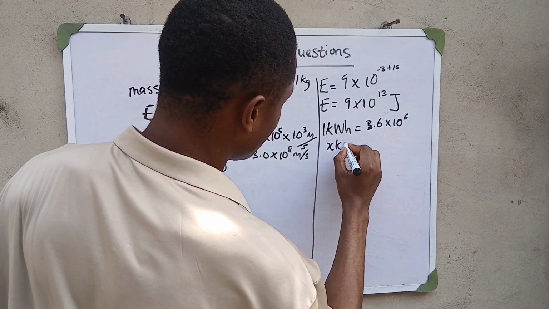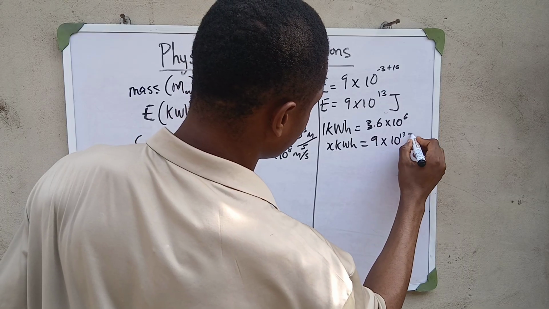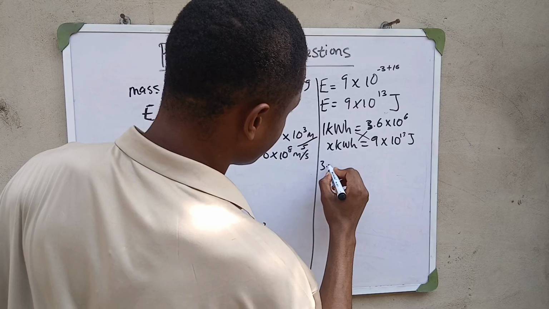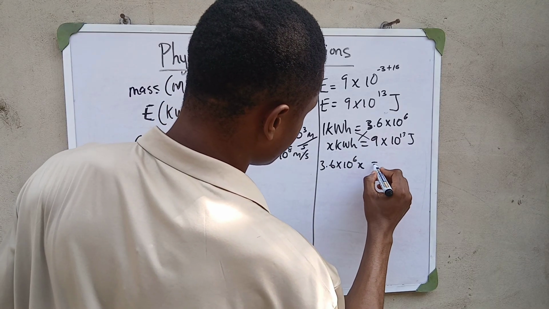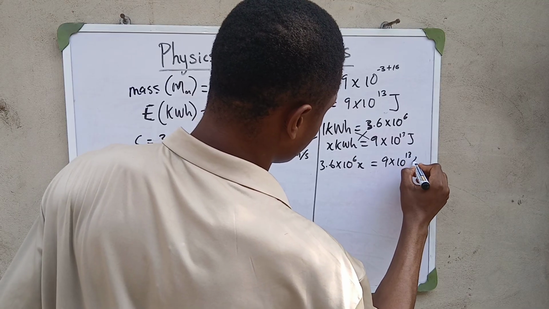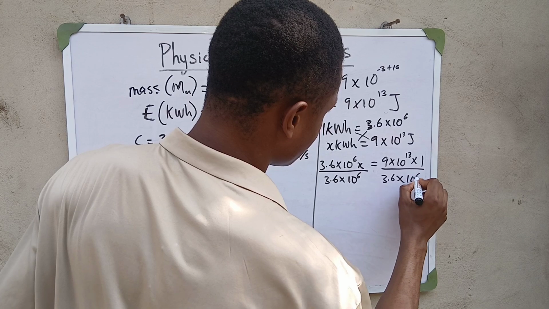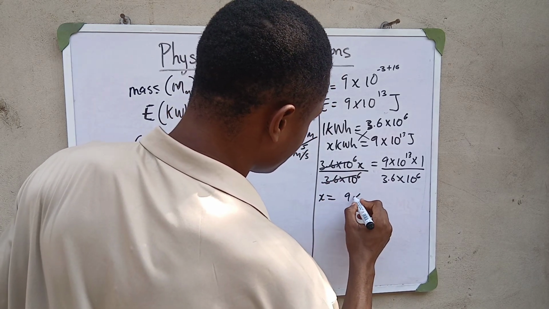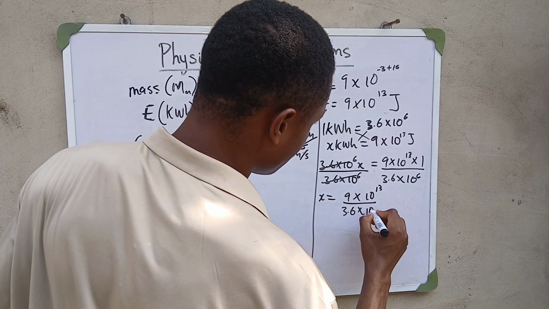Then x kilowatt hour is 9 times 10 raised to the power 13 joules. So we now cross multiply. So we have 3.6 times 10 raised to the power 6 times x is equal to 9 times 10 raised to the power 13 times 1. By dividing through by 3.6 times 10 to the power 6, x will be equal to 9 times 10 raised to the power 13 over 3.6 times 10 to the power 6.